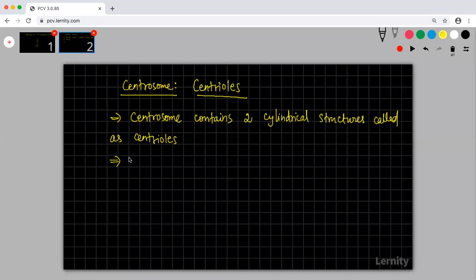The centriole is covered by amorphous pericentriolar materials.